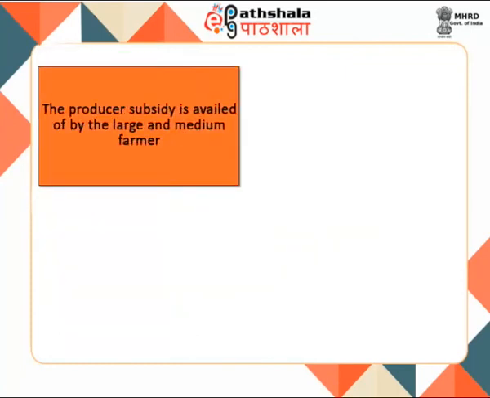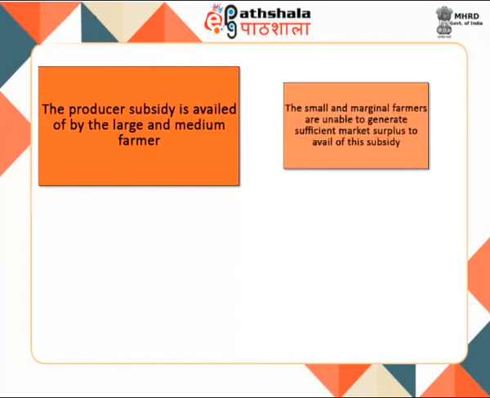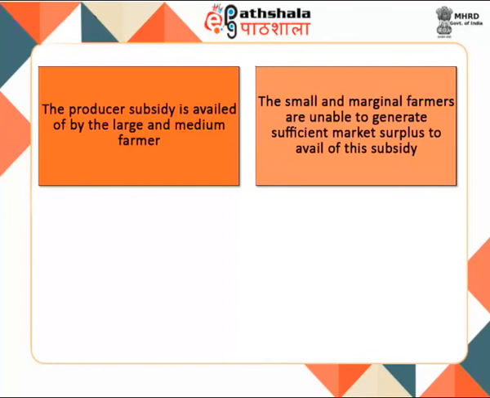The producer subsidy is availed of by the large and medium farmer, while the small and marginal farmers are unable to generate sufficient market surplus to avail of this subsidy.